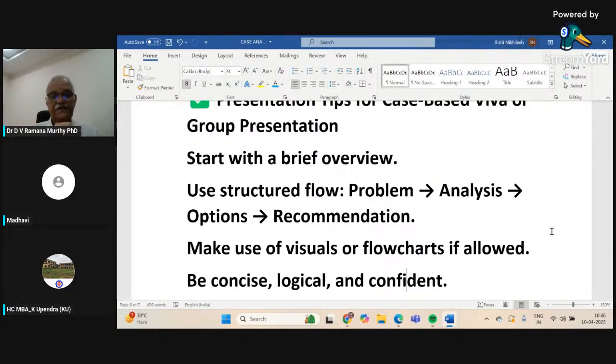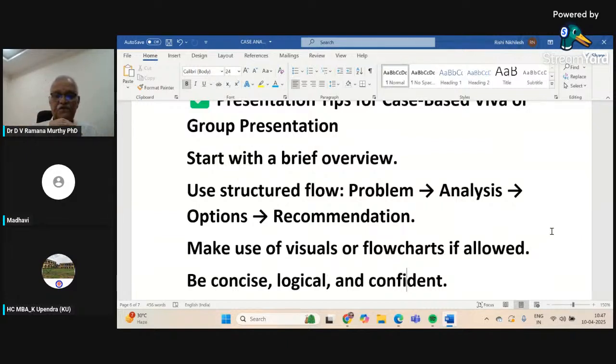And of course, make use of visuals or flow charts if allowed. Where there is a chance for you to present a chart, or on a whiteboard or blackboard, if they provide it. Suppose you're going to a competition. You can prepare a nice chart and all that, and make a visual presentation as such.